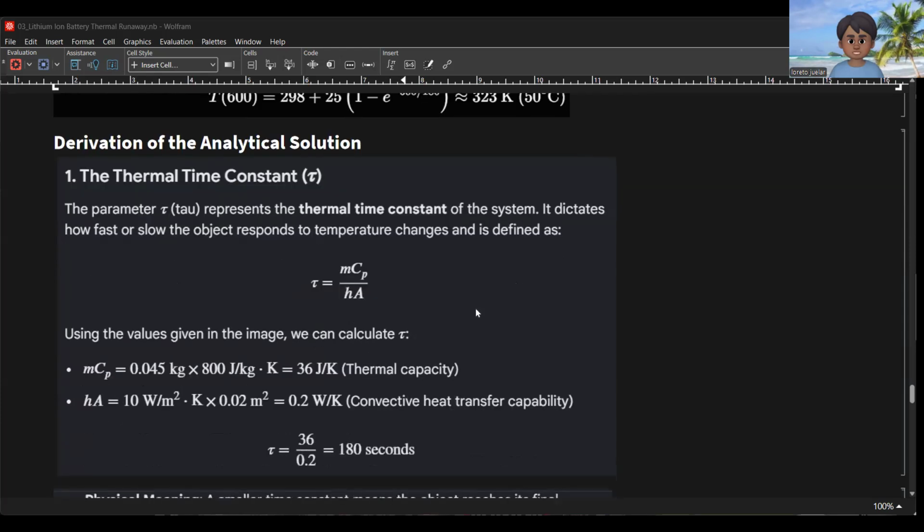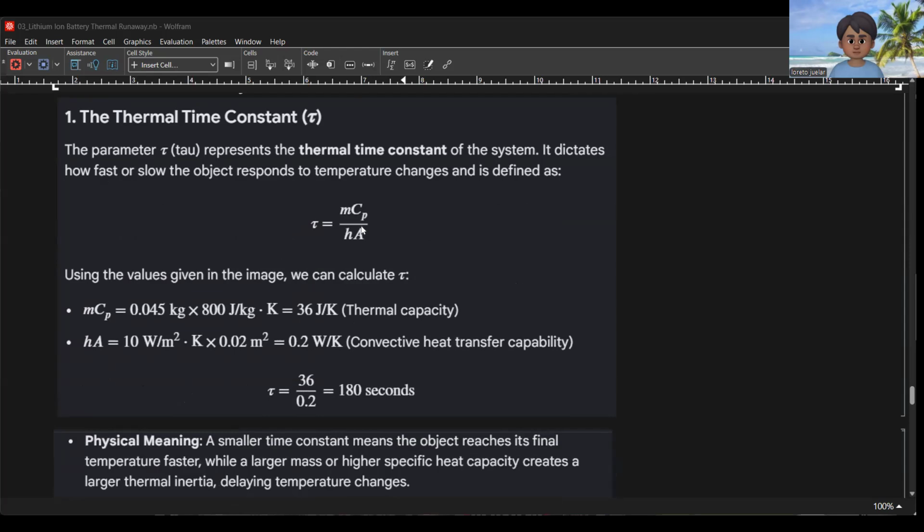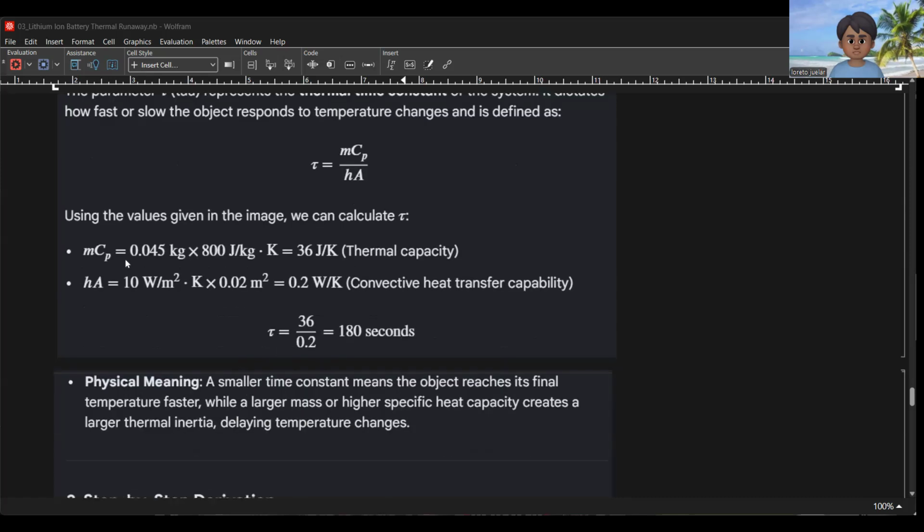It dictates how fast or slow the object responds to temperature changes and is defined as this one. This is the time constant, mass times the specific heat capacity over the convective coefficient times the area. So using the values given in the image, we can calculate the tau or the time constant here.